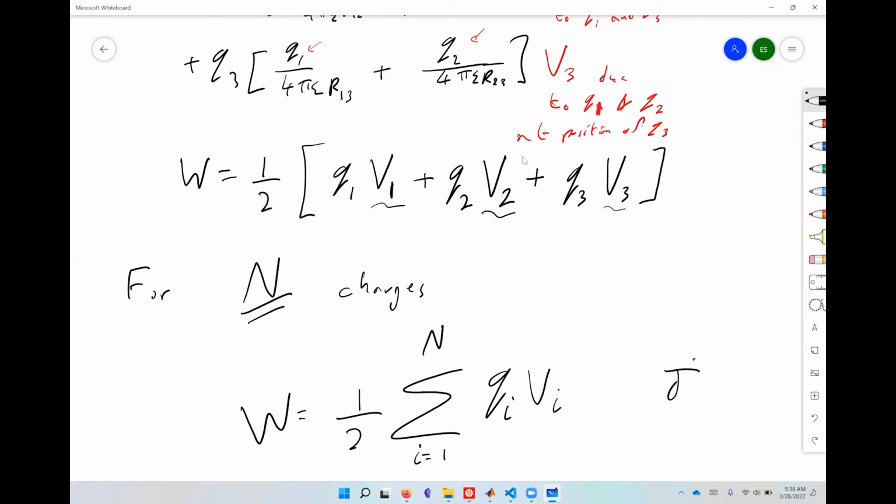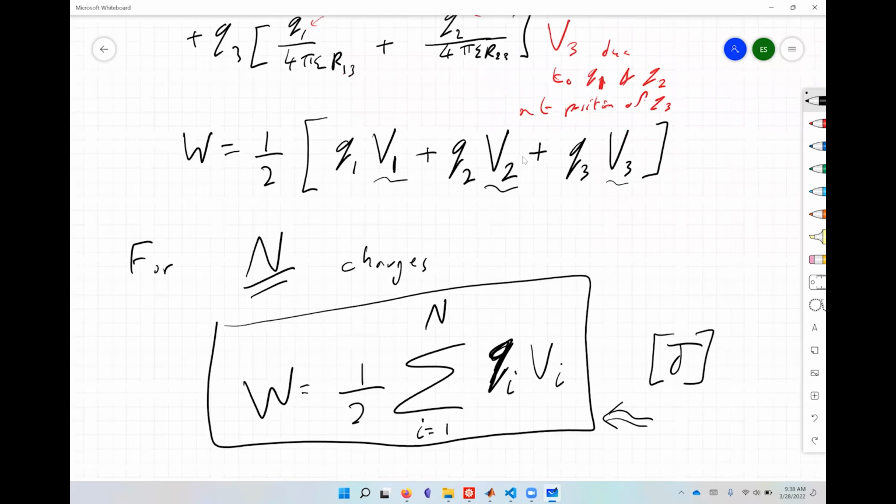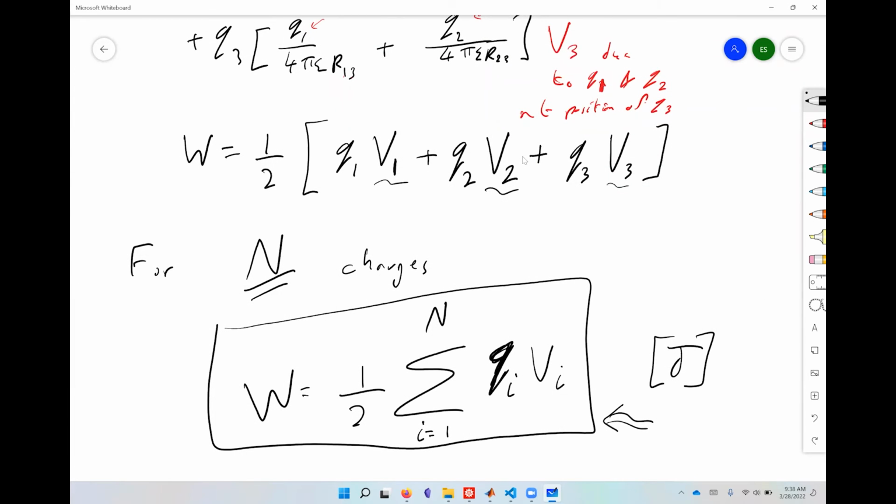And this is the total energy of the constructed field in joules. So this is the total field energy of the field due to the charges that construct the field. This is the perspective.